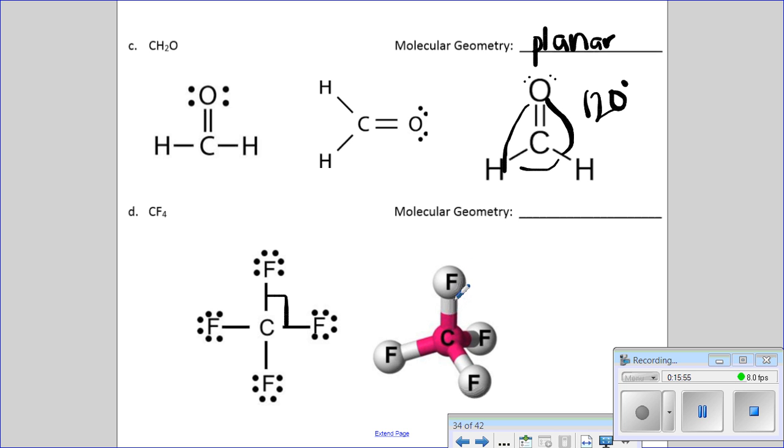So this is the shape it would make with your molecular modeling kits. So this structure is going to be tetrahedral. Remember, tetra means 4. So when you have 4 atoms bonded to the central atom and no lone pairs of electrons, then you're going to have a tetrahedral structure.